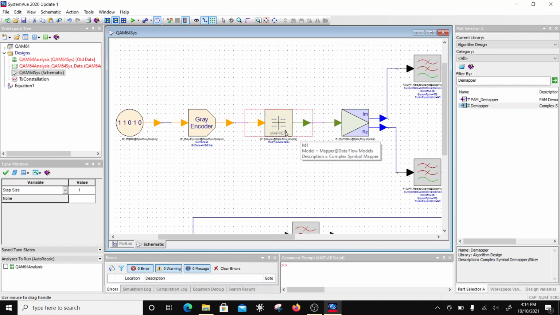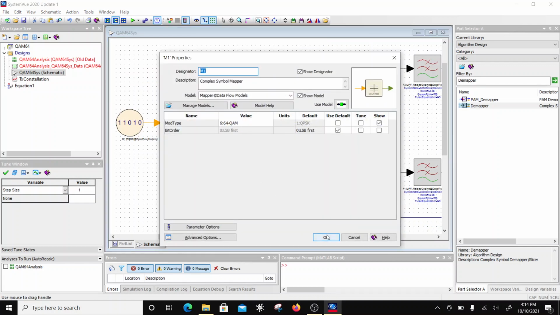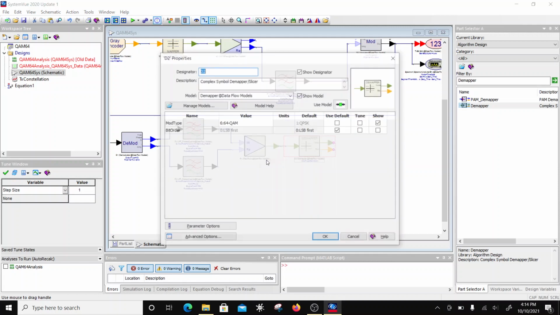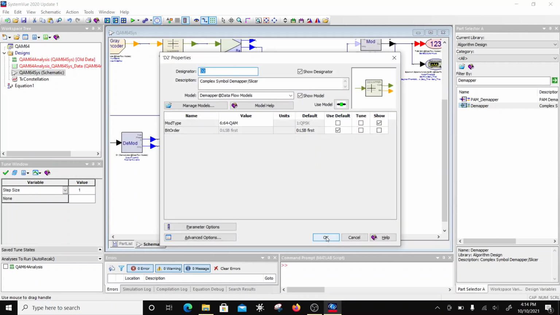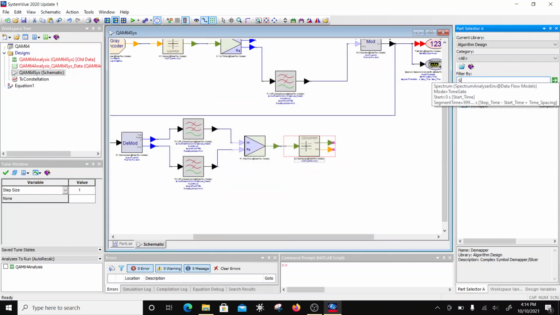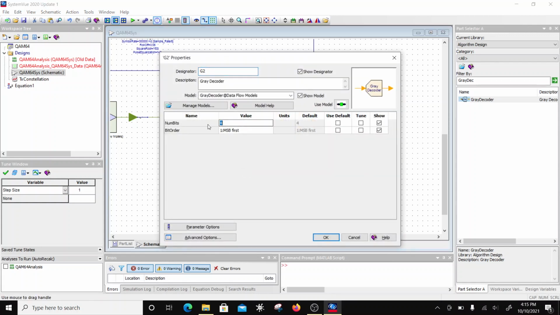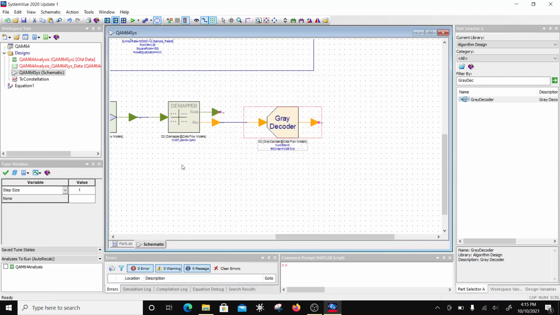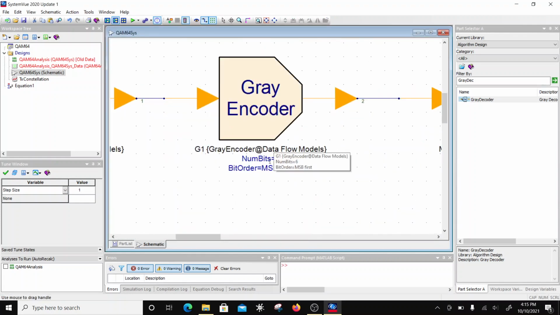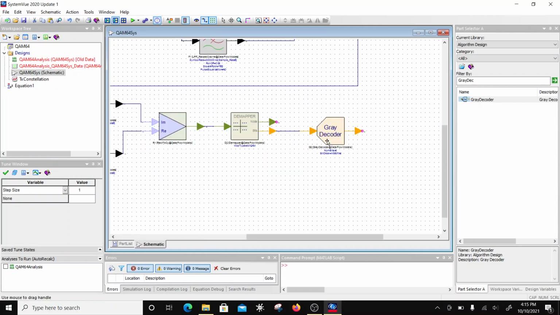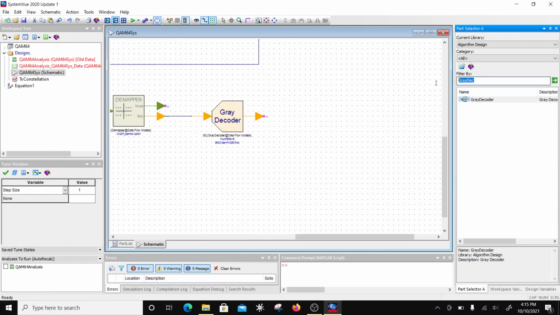So mapper is configured as QAM64, and demapper is also configured as QAM64, and then I have a gray decoder, and this gray decoder is going to take this output and convert the gray code back to your bits, and it is using 6 bits and MSB first. Similarly, this is 6 bits and MSB first, right? So this is done, and after that I will have the output bits.